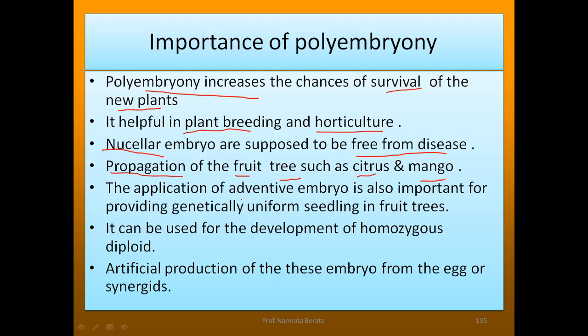The application of adventive embryos is also important for providing genetically uniform seedlings in fruit trees. It can be used for the development of homozygous diploids. And the last important use is artificial production of embryos from the egg and synergids.